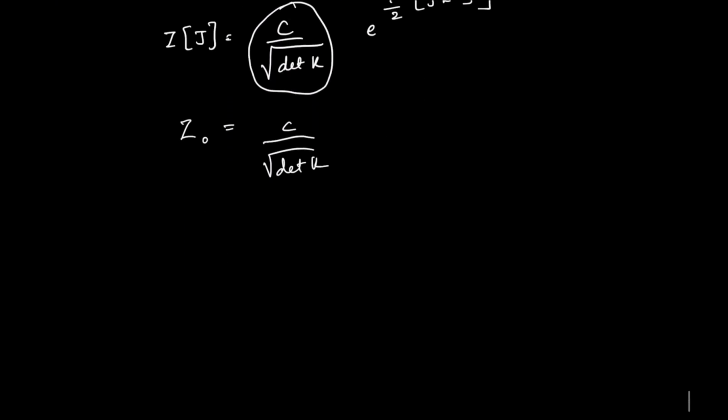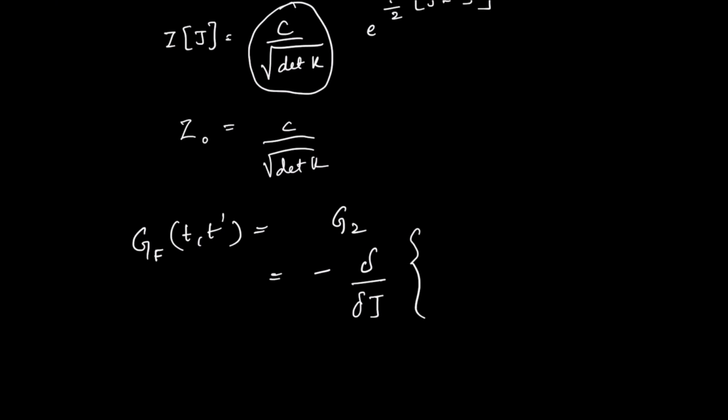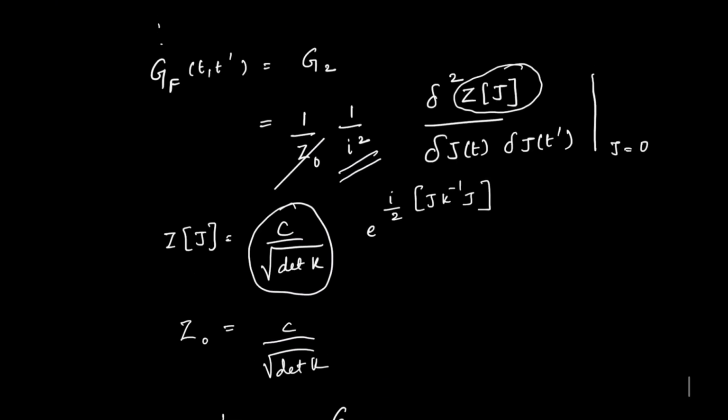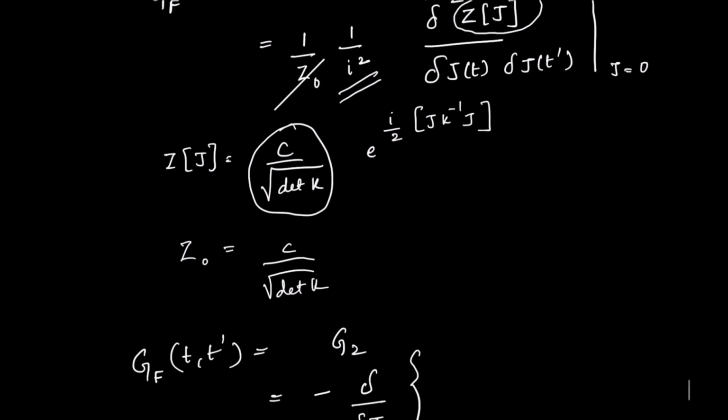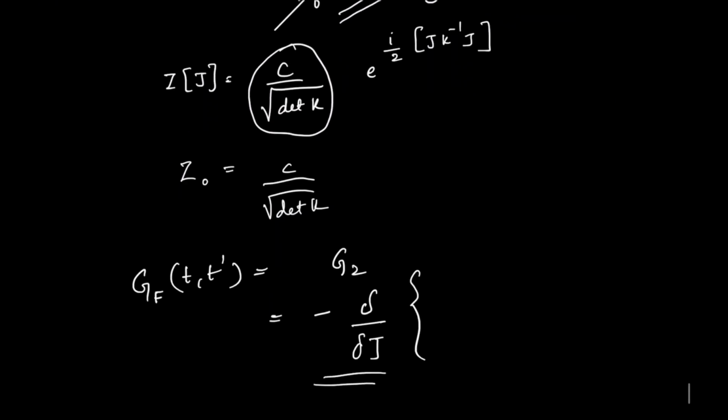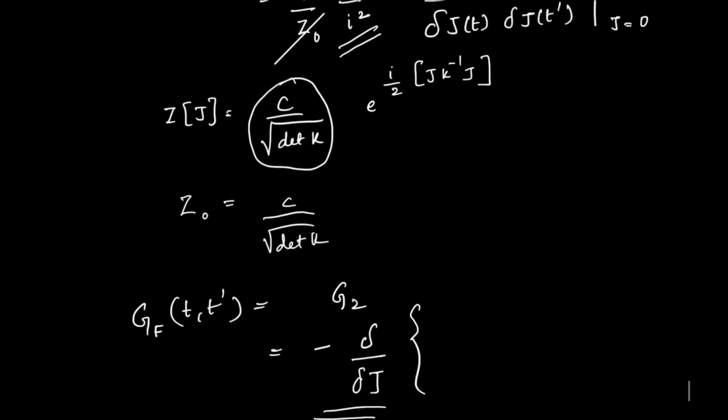So I can write G_F(t, t prime), the Feynman function, the 2 point function, which is equal to I square is minus 1, then derivative with respect to J. Now there are two derivatives here, right? This is one derivative, and the other derivative I am just writing as it is.